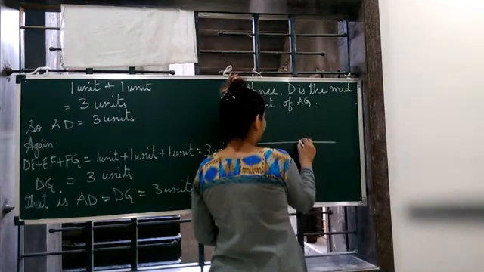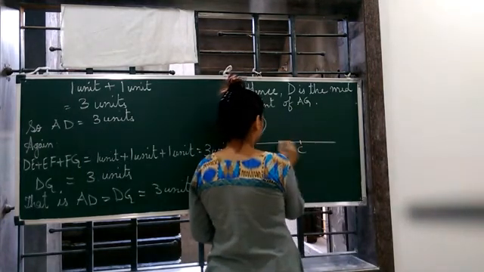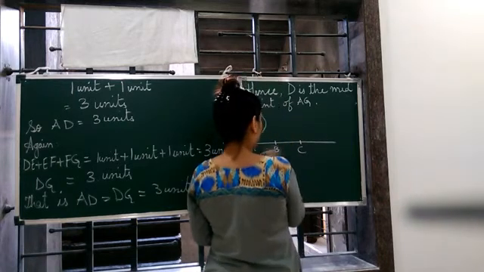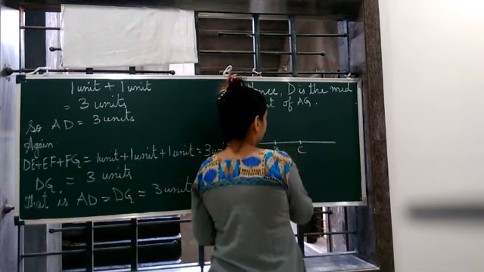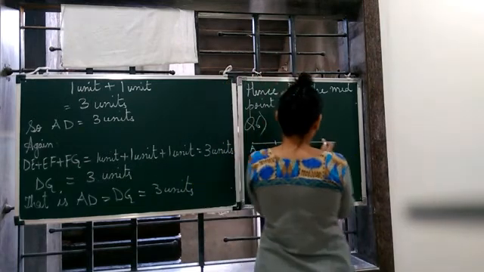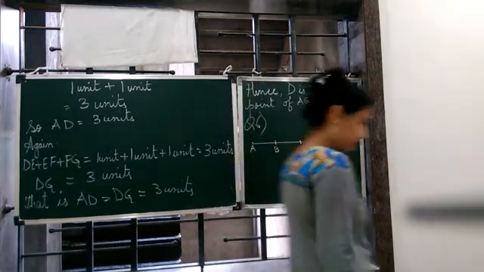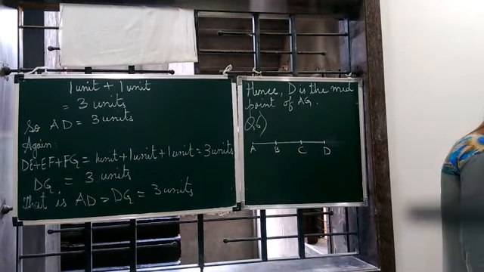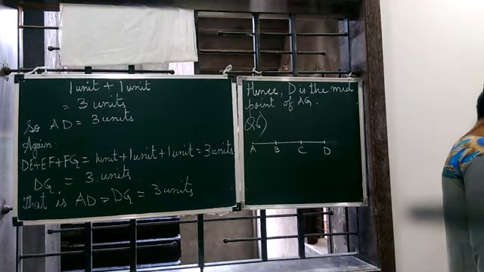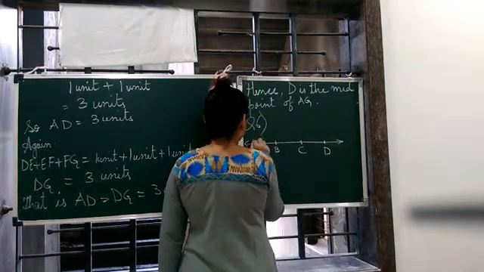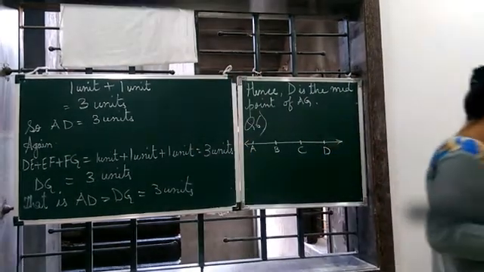Suppose AC is this, so this is B. B is the midpoint of AC and C is the midpoint of BD. Something like this. Where A, B, C, D lie on a straight line. So this is a straight line, we can produce it like this.